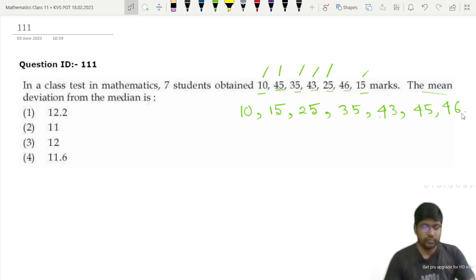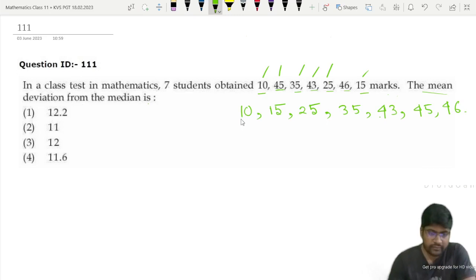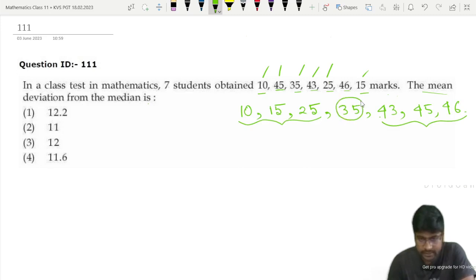So we have arranged the data in ascending order. Now we can find the median very easily. Median will be the middle term. Now see, this side 3 terms and this side 3 terms, so our median is 35. This is the middle term, so median m is equal to 35.